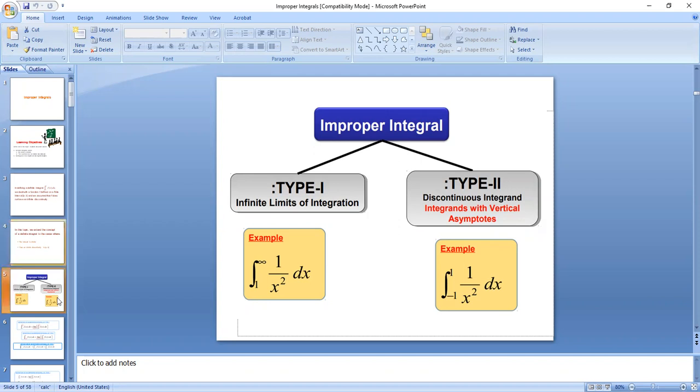So based on what we have covered last meeting, we discussed type 1, wherein a limit of integration is infinite. So you have this example here, wherein the upper limit is infinite and the lower limit is a real number. Under type 2, the limits are not anymore infinite. You can see that both limits are real numbers.